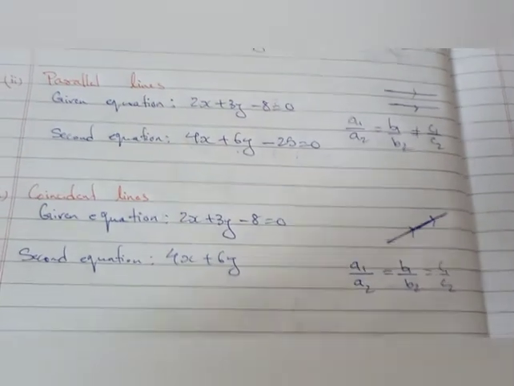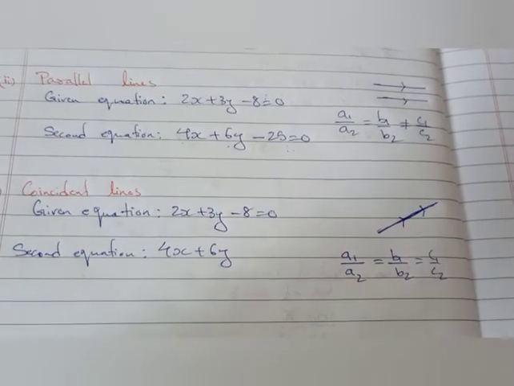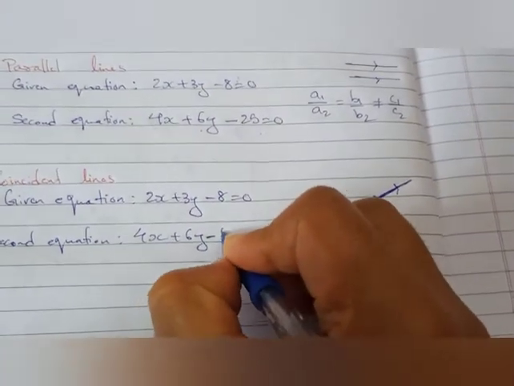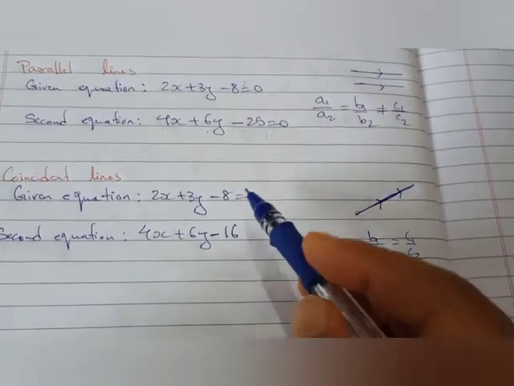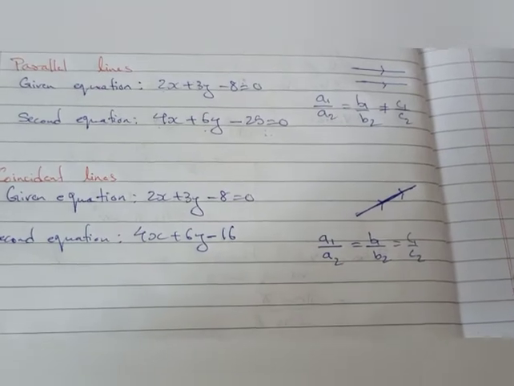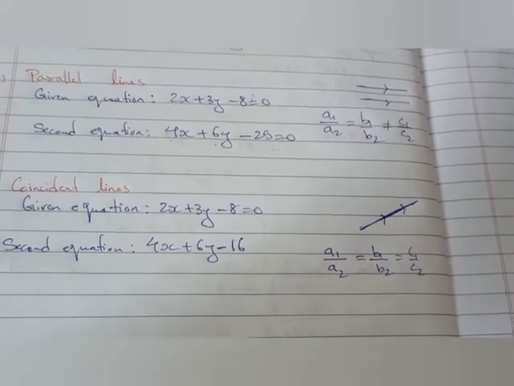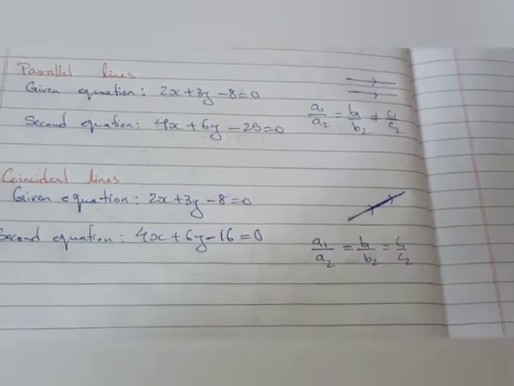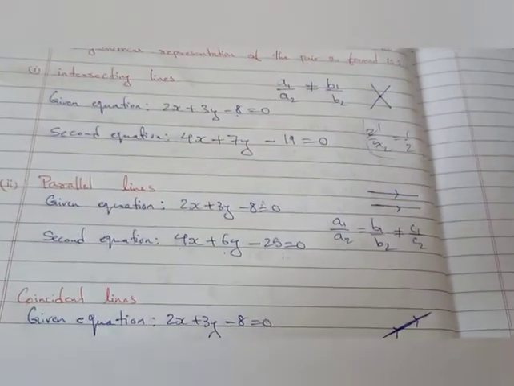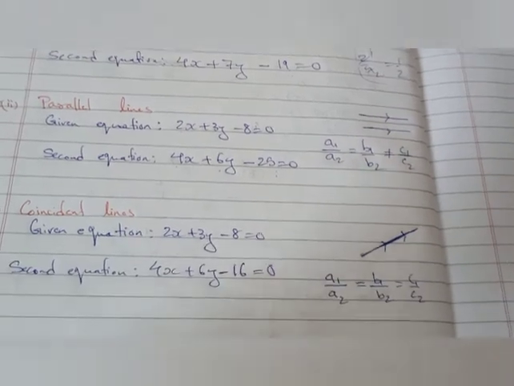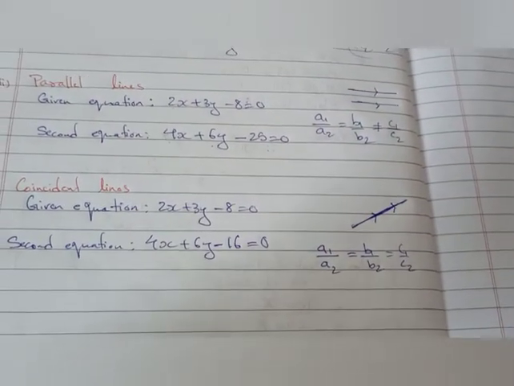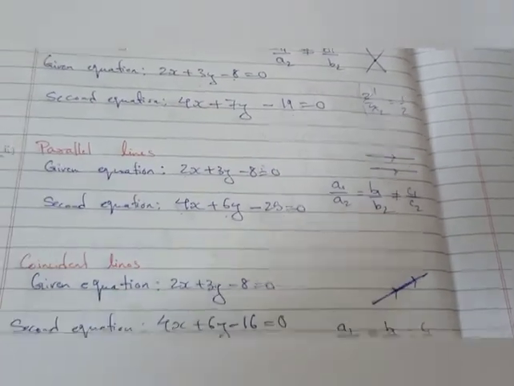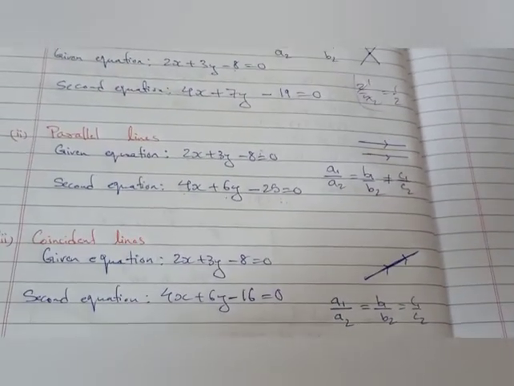This will give us the ratio of the first two variables x and y as 1 by 2 each, and let's write the constant as minus 16, such that the ratio of constants also becomes 1 by 2. Minus minus gets cancelled, 8 ones are 8 and 8 twos are 16. So this way we have framed the second equation for intersecting lines, parallel lines and coincident lines. You can frame some more equations using the same given equation, so you can do that as your assignment.